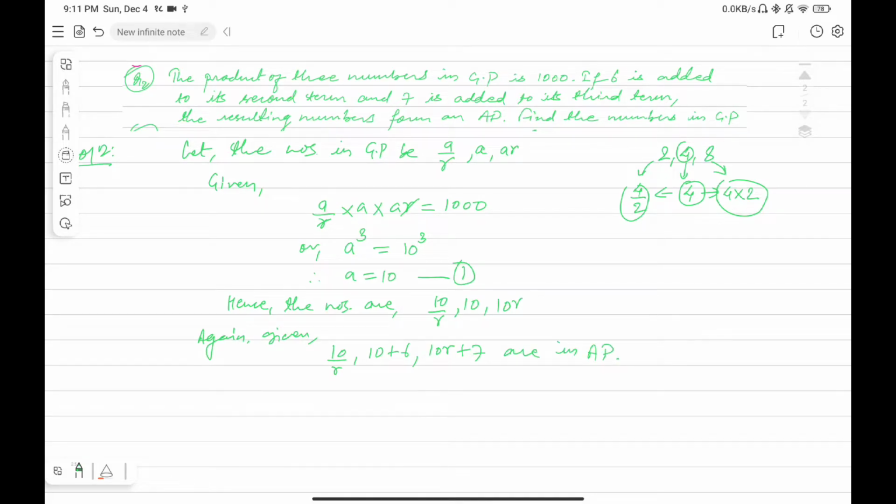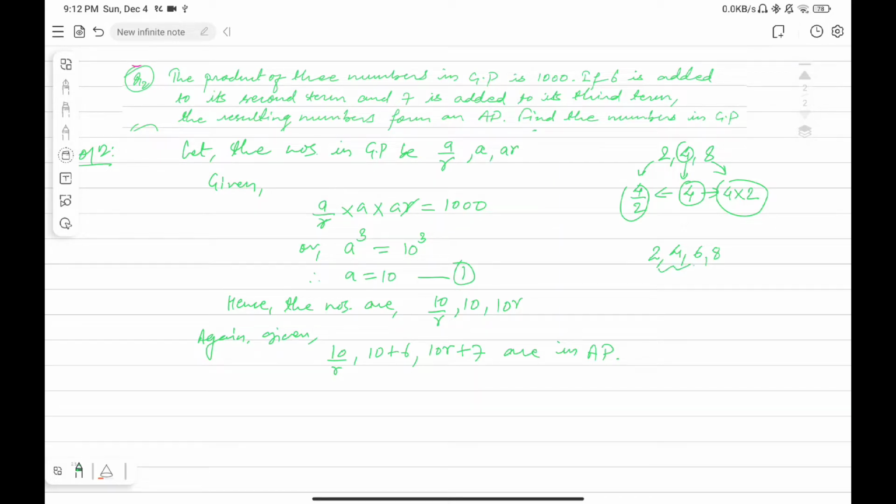What is an AP? Arithmetic progression. Arithmetic progression is a kind of progression where each next term is a constant number more or less than the previous one. Suppose the first one is 2 and the common difference is 2, then the next term will be 2 plus 2, 4, and the next one will be 4 plus 2, 6, again 6 plus 2, 8.